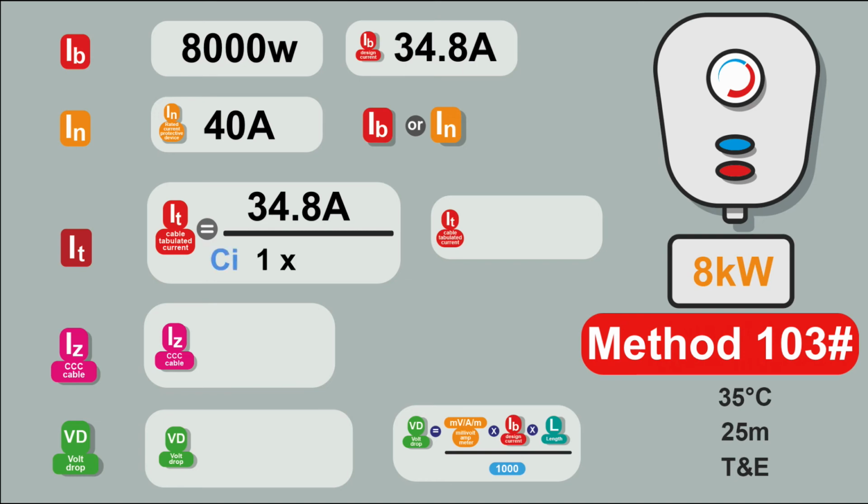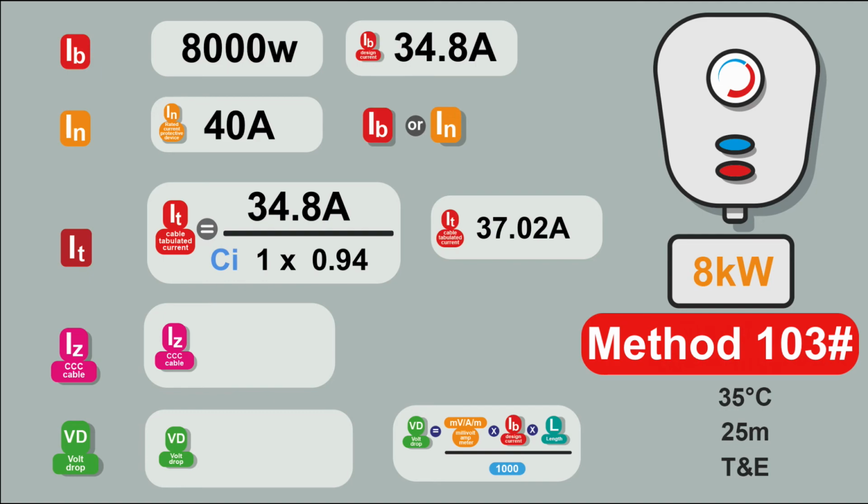We're not using the correction factor for Ci because we're actually going to use table 4D5. We'll still use the correction factor for ambient temperature, 0.94. So It would be 34.8 divided by 1 times 0.94, and that would give us 37.02 amps.